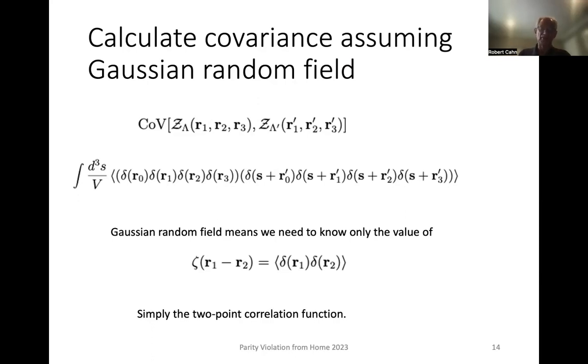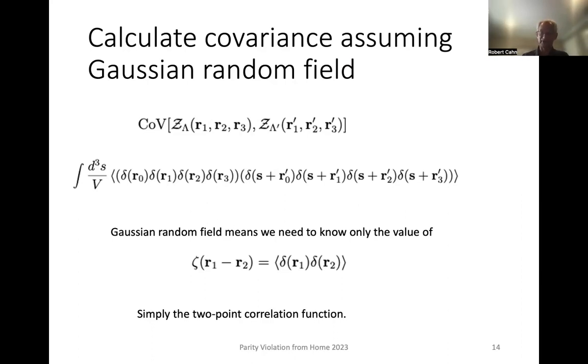And we were able to do this calculation now because the expectation value of delta of R1 and delta of R2 is, of course, the 2-point correlation function, which is something that's measured and known. So that means that by assuming, for the purposes of the covariance, a Gaussian random field, it must be that we can actually calculate it.